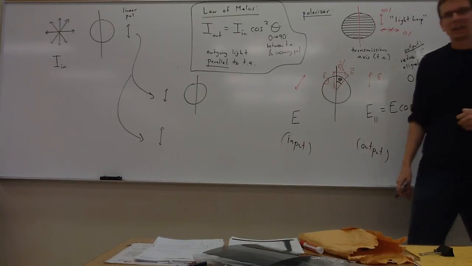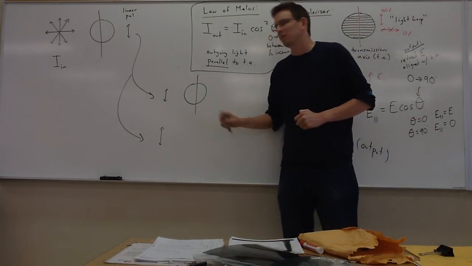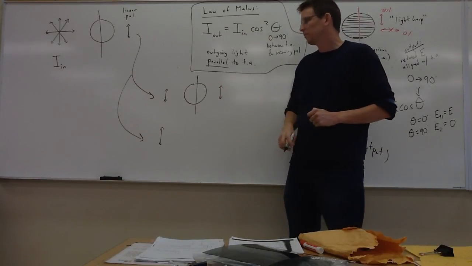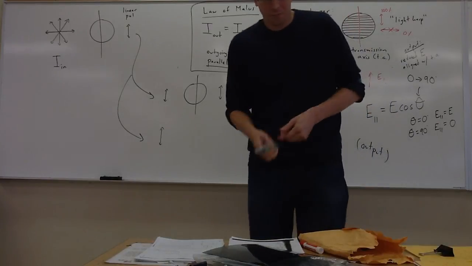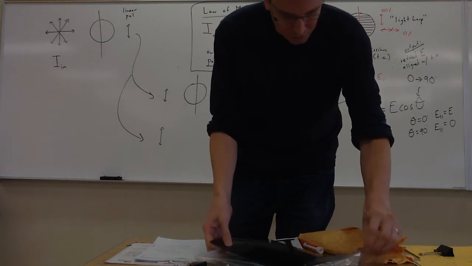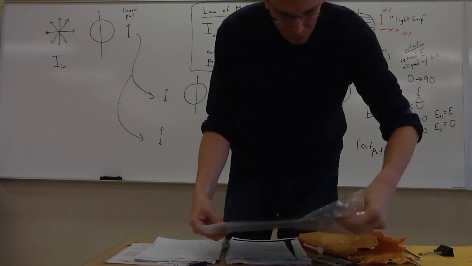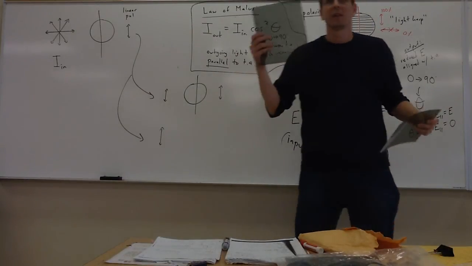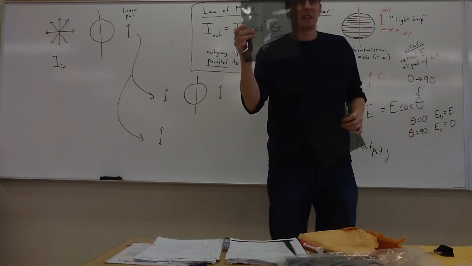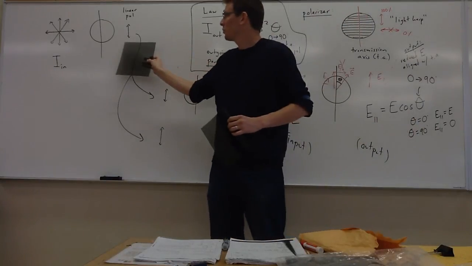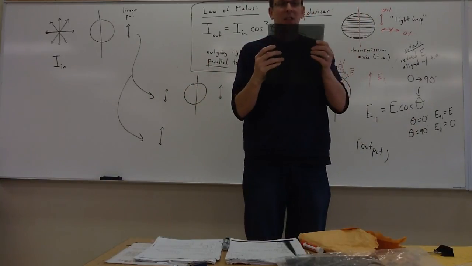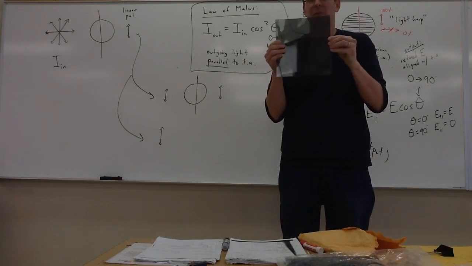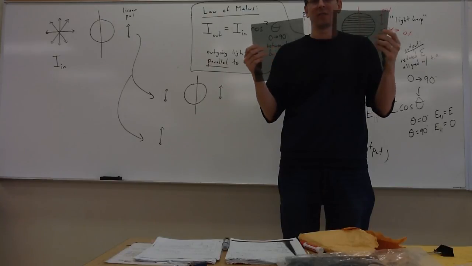So how much of that light is going to get through the second polarizer? All of it. This dims the light significantly because it reduced the intensity by half. But if I put a second one in there, you might see it get a little dimmer. That's non-ideal behavior, but ideally it shouldn't make any difference, okay?